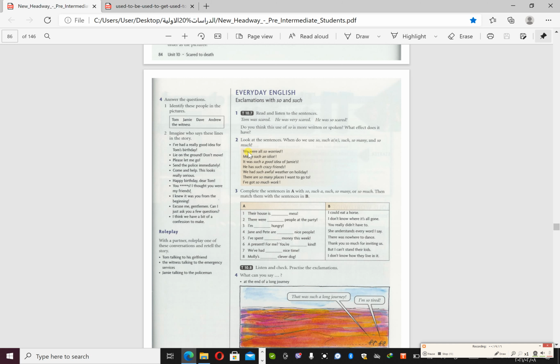For example, we are so worried، هنا جاتي very، لكن if I say Mike's such an idiot، يعني كاب. This is exactly how in Arabic we use it. The same thing here: it was such a good idea، دا أعطي similarity، دا أعطي نوع من التشبيه، فاستخدم such.